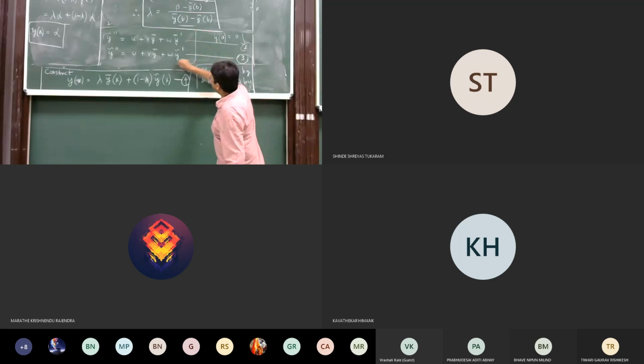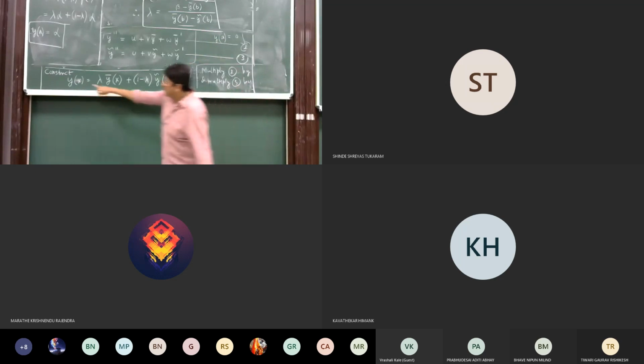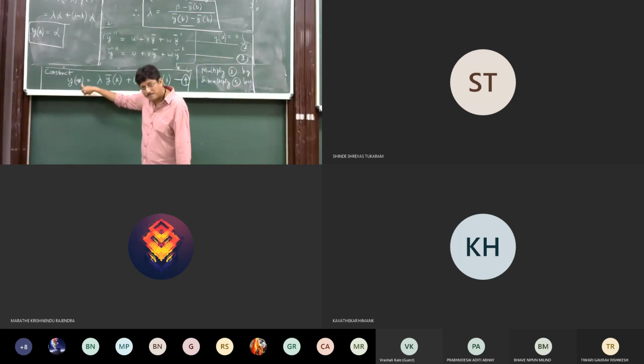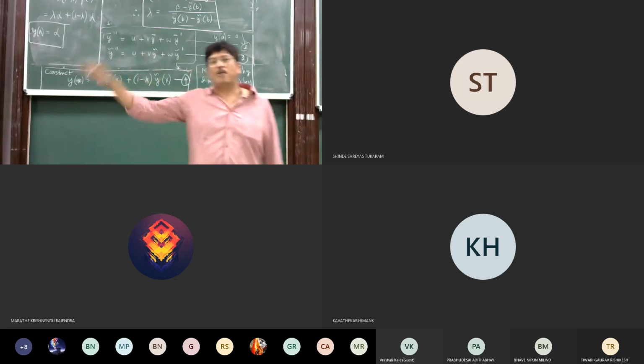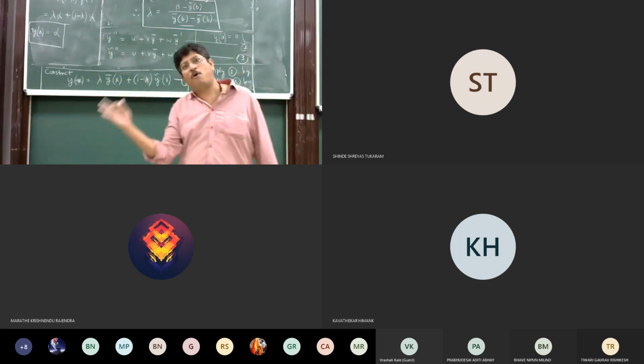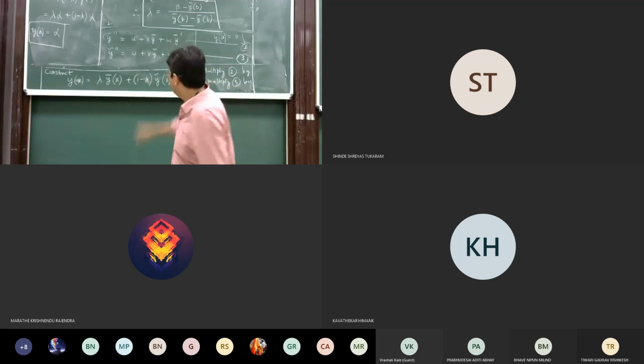Since you know lambda, now look at this. You know the entire solution because your y of x, you know that value of lambda. You of course know the functional form, since you have solved the Euler equation, you know the entire form of y bar of x.